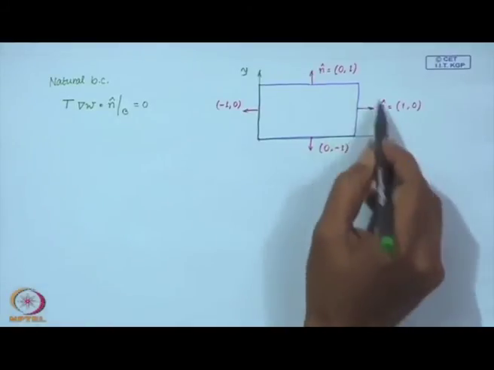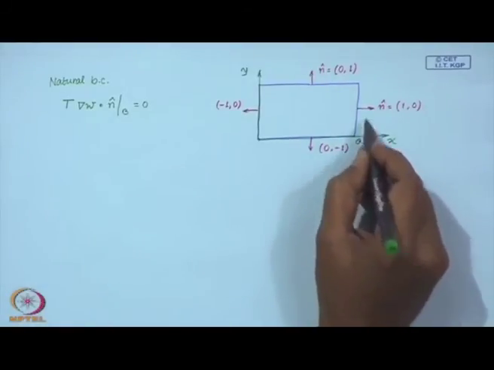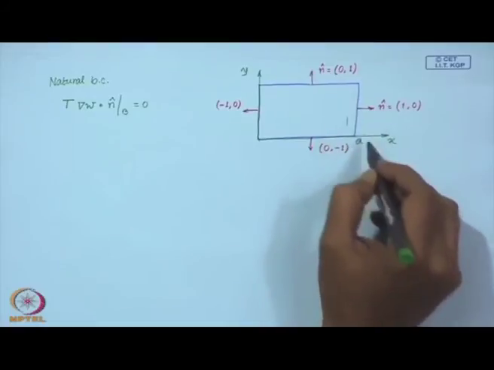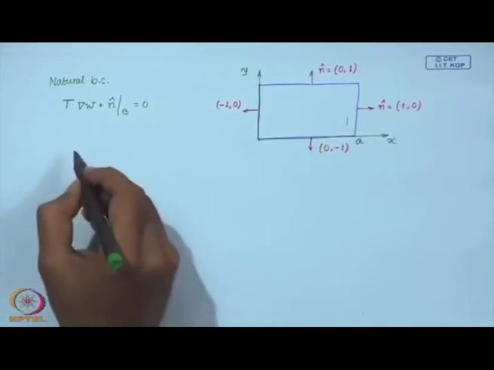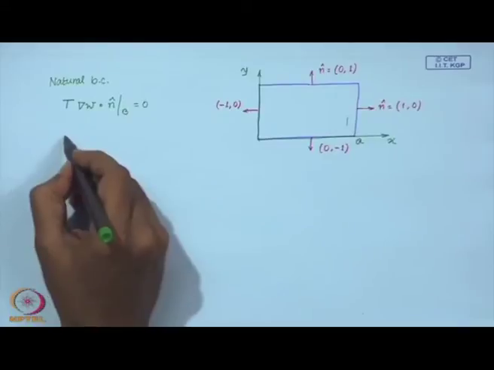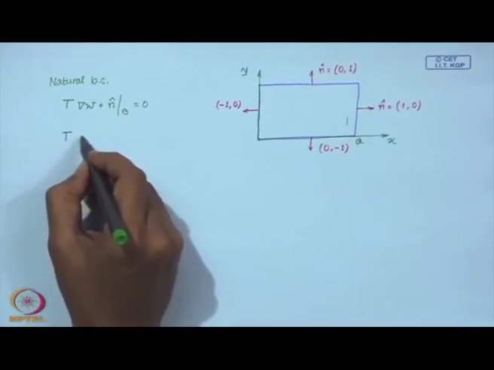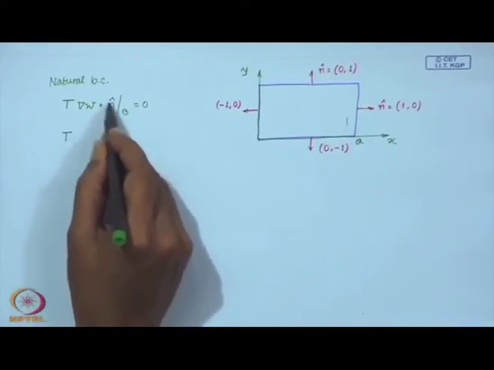So, for example, at this boundary, at the right boundary at x equal to a, n is 1 0.